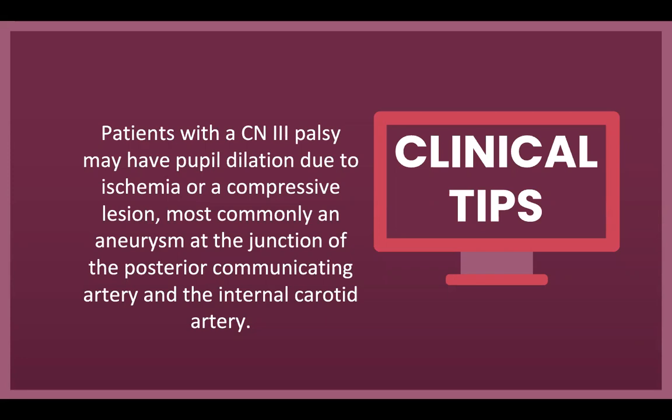Usually, in isolated third cranial nerve palsy, the pupil is spared. The pupil is normal, not dilated and not constricted. If you have isolated third cranial nerve palsy with dilatation of the pupil, it seems to be an aneurysm at the junction between the posterior communicating artery and the internal carotid artery.